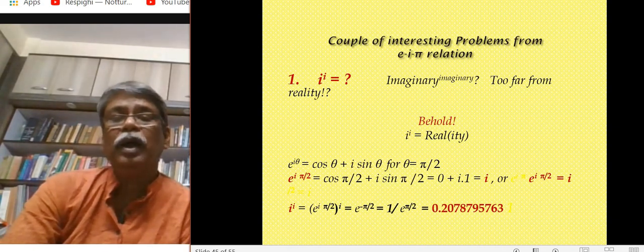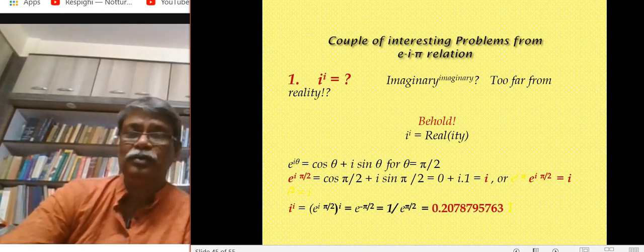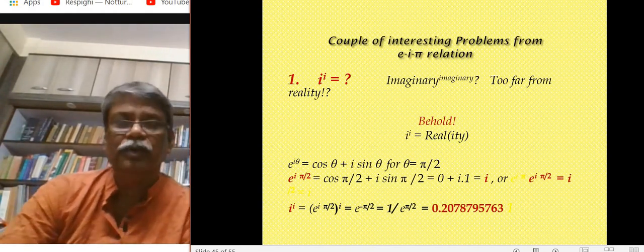So i to the power i, the i is e to the power i pi by 2 as we have seen, and to the power i is okay. Now i squared is minus 1, so it is e to the power minus pi by 2, that means 1 by e to the power pi by 2, and that has a definite positive value. So I think it's very interesting that i to the power i is actually root of 0.2078 dot dot dot.